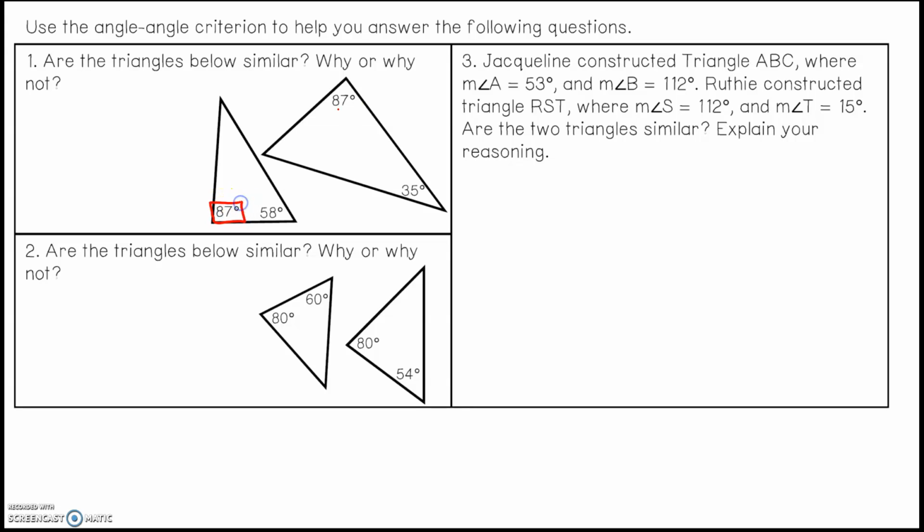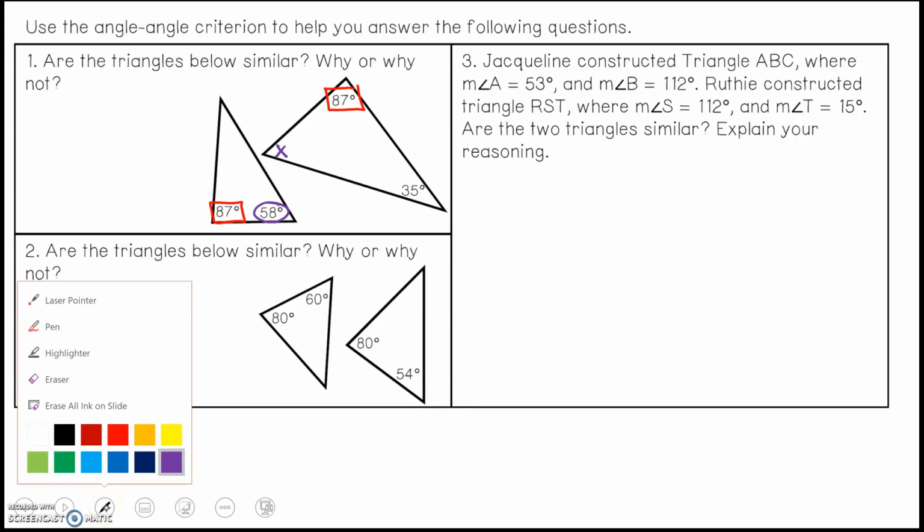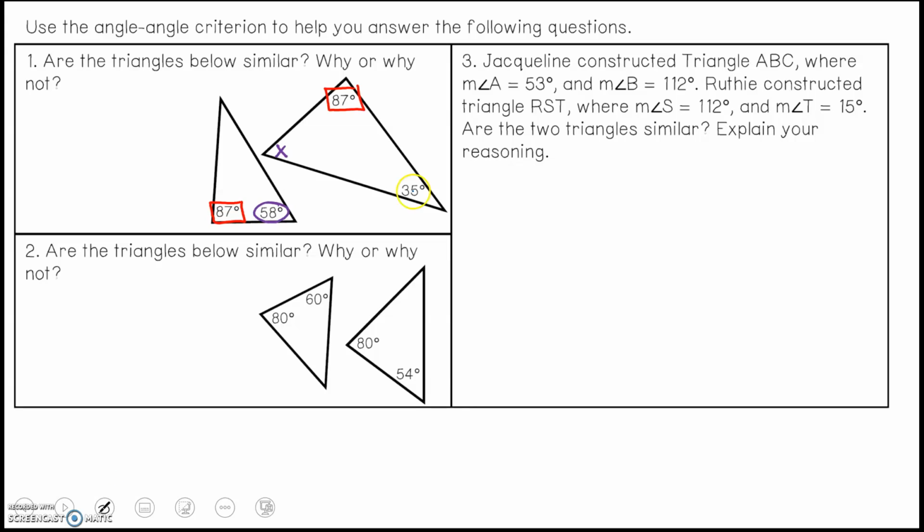So this angle corresponds with this angle. And this angle, let me do some color. Okay, 58 degrees corresponds with that angle. And then the 35 degree angle on that triangle corresponds with this angle in the other triangle.